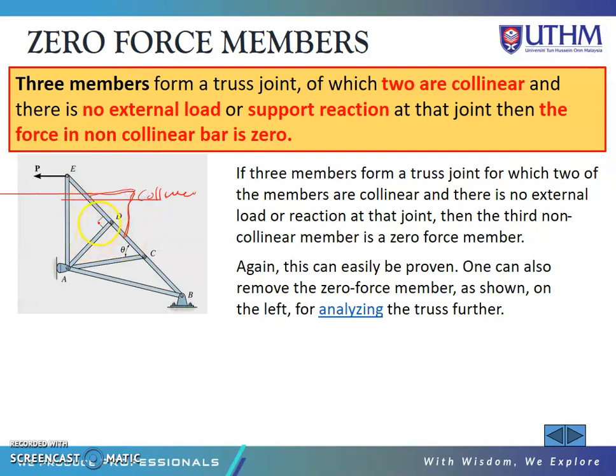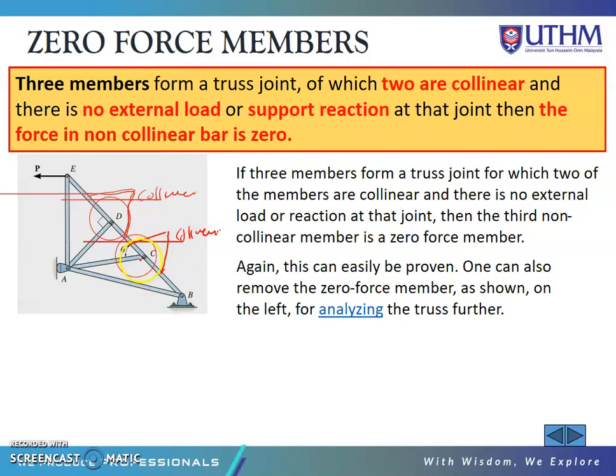So this member, member DA, will be a zero force member, which is the non-collinear bar. And the same condition applies at joint C. We have member DC and also BC, which are collinear.